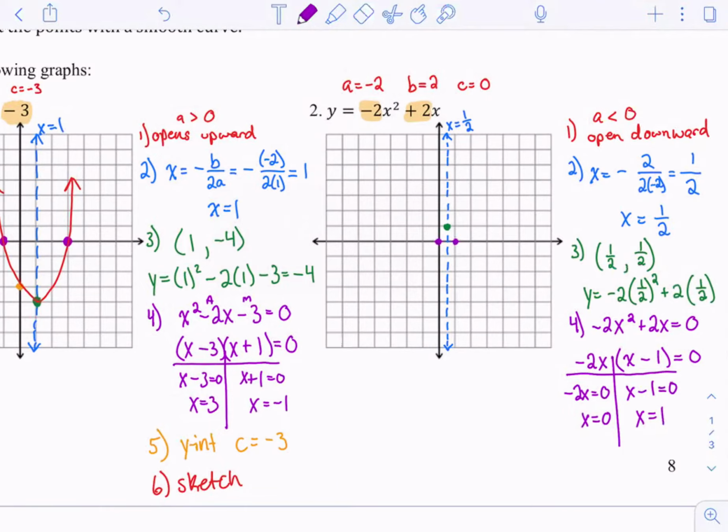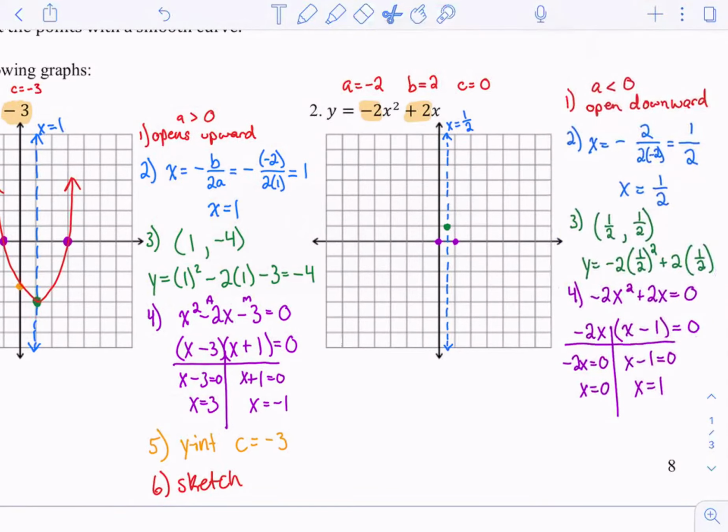Which just kind of makes sense. Notice how it's been pinched. Notice how my a term is a -2. Since it's a 2, it's going to be more narrow. So all of this so far makes sense. All the math, all the work. You could really think about it later. My y-intercept, since c equals 0, it's at 0.